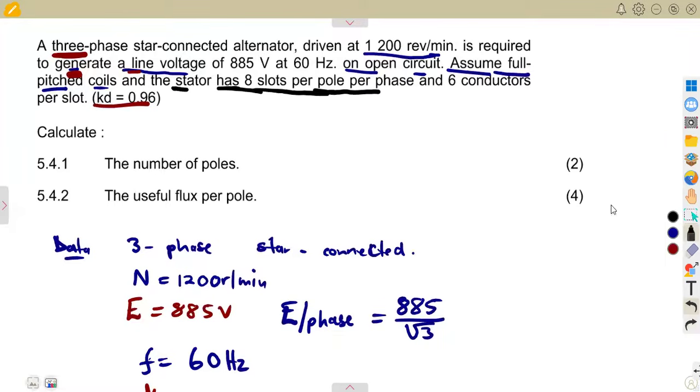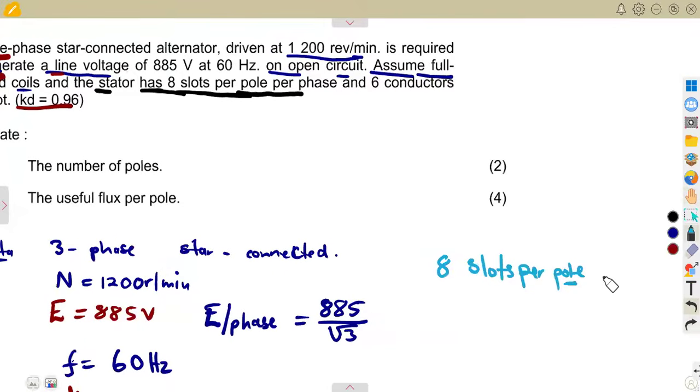All right. It has got 8 slots per pole, per each pole. But not just only that, per phase. All right, let me just write it this way so that you understand me.